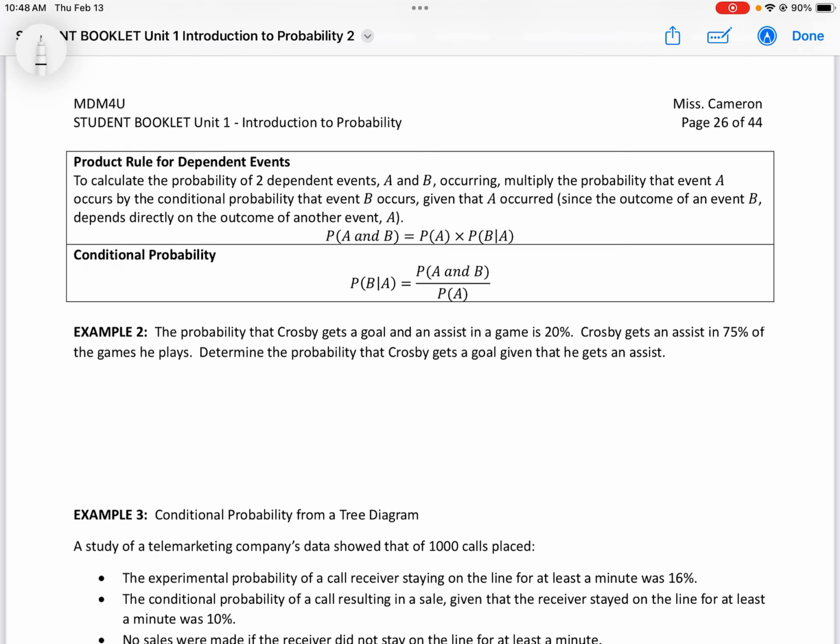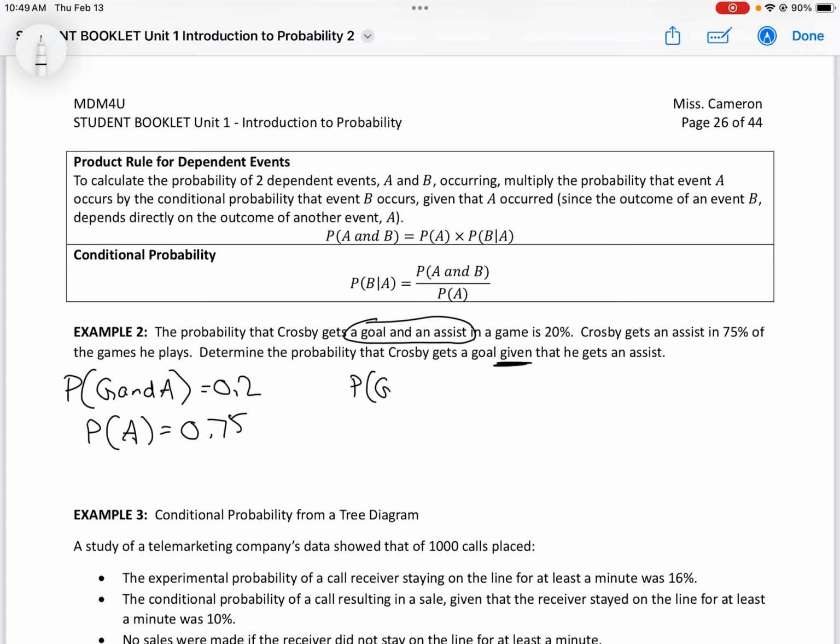Okay, so let's go ahead and use that equation. The probability that Crosby gets a goal and an assist in a game is 20%. So goal and assist is 0.2. Crosby gets an assist in 75% of the games that he plays. So determine the probability that Crosby gets a goal given he gets an assist.